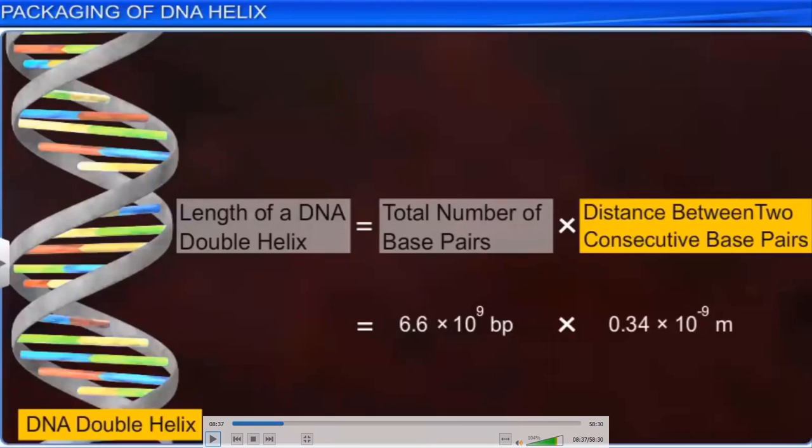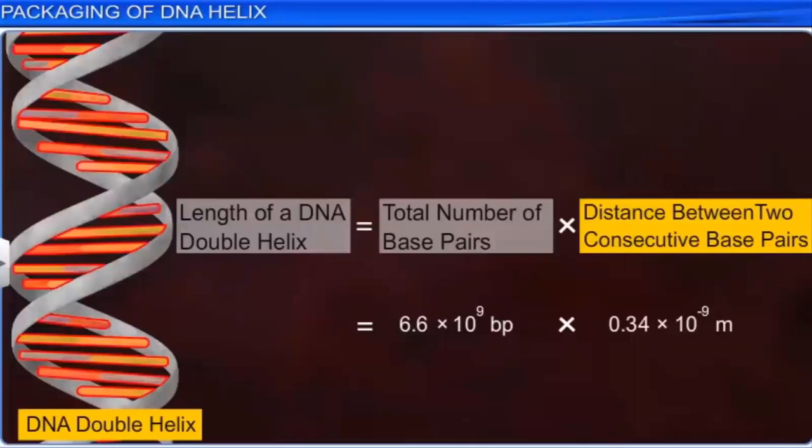So when we multiply these two factors, what we get is the length of the DNA double helix as 2.2 meters. This is a calculation before we start.